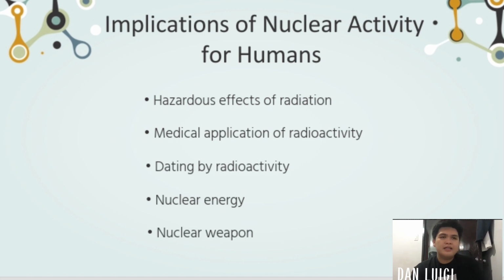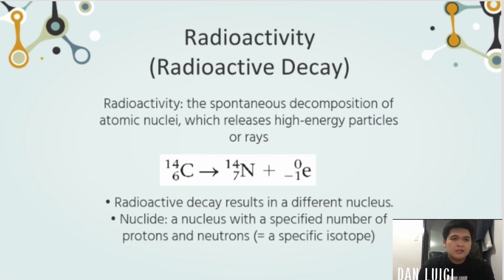Now, let us know what radioactivity is. Radioactivity is the spontaneous decomposition of atomic nuclei, which releases high energy particles or rays. Radioactive decay results in a different nucleus, a nuclide, a nucleus with a specified number of protons and neutrons.